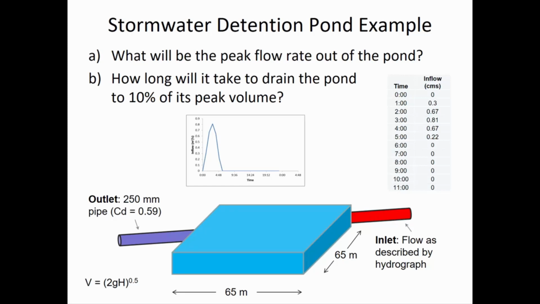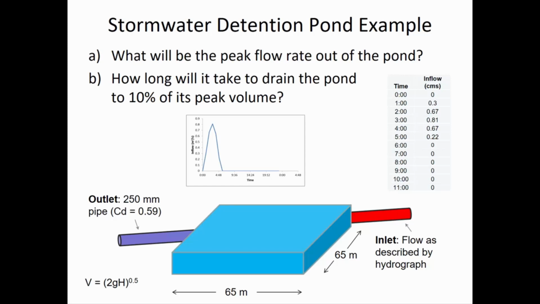But just for simplicity, let's say we've got water coming in. Here's our inflow hydrograph in terms of cubic meters per second over time. What we want to do is find out what is the peak flow rate out of the pond for a certain size pipe. We've got a 250 millimeter pipe, and we're using the orifice equation. V is the square root of 2gH.